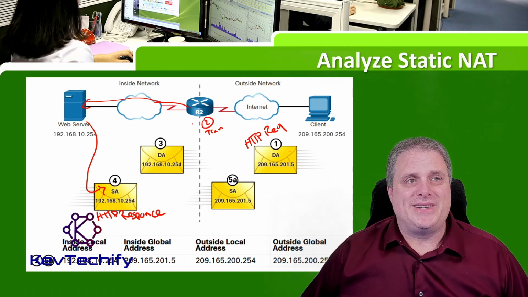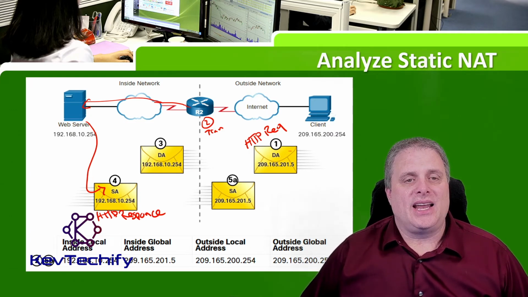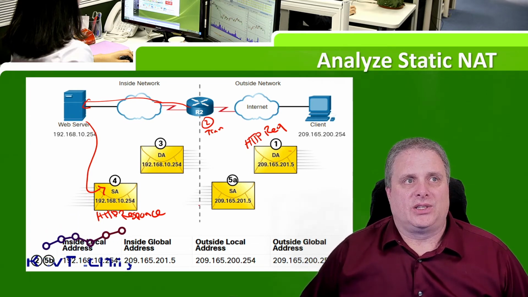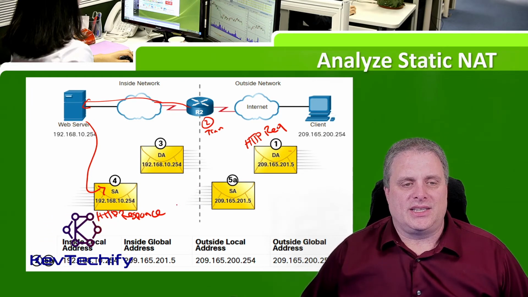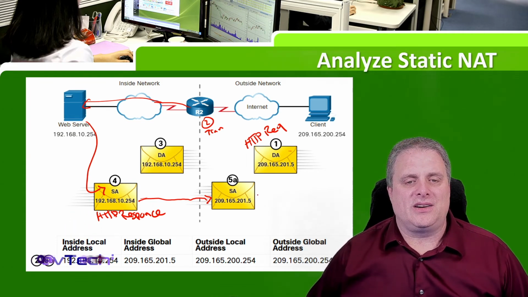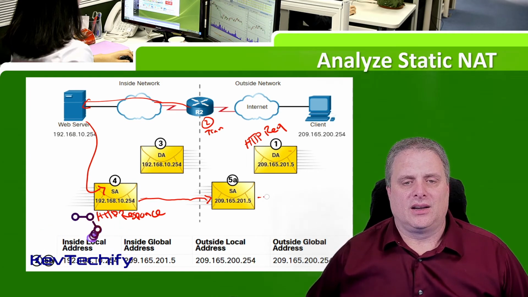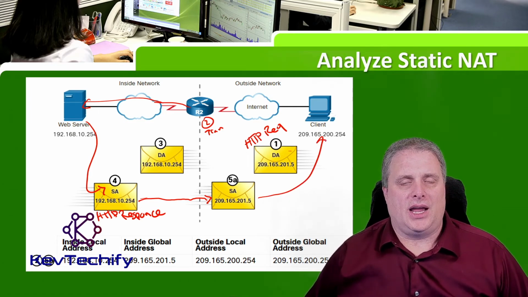Our R2 receives that packet from the web server on its NAT inside interface, because this is the NAT inside interface, with the source address of the inside local address. Then it translates that, and so it translates the source address from 192 to the 209 address. It changes that source address so that way we can get routed across the internet, and finally then it gets delivered to the destination IP address.